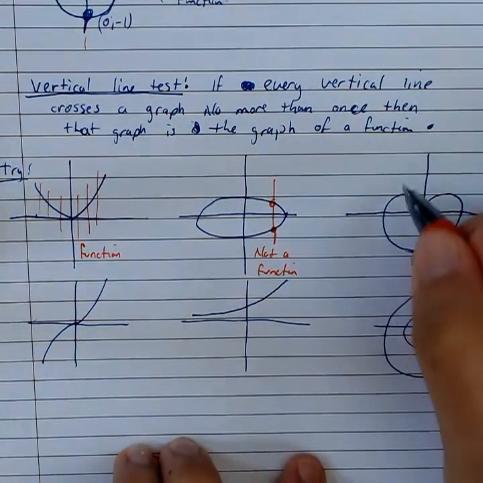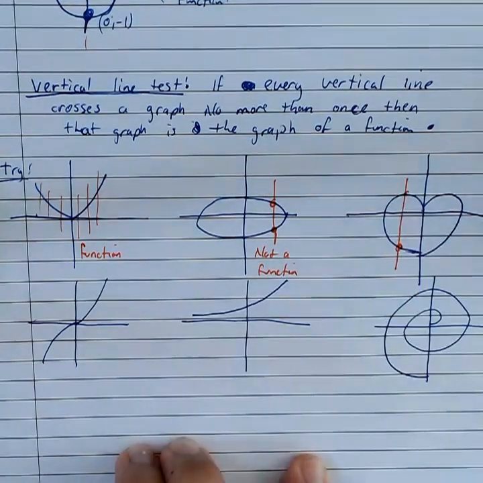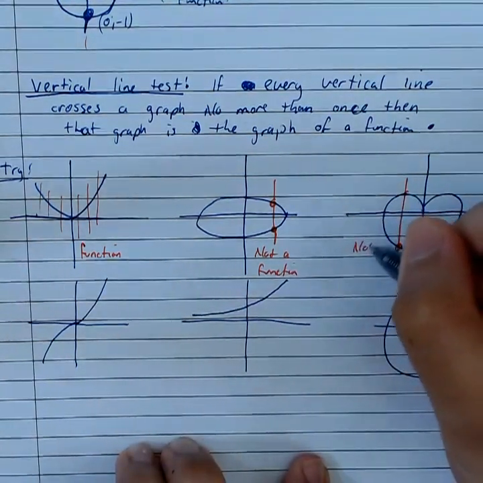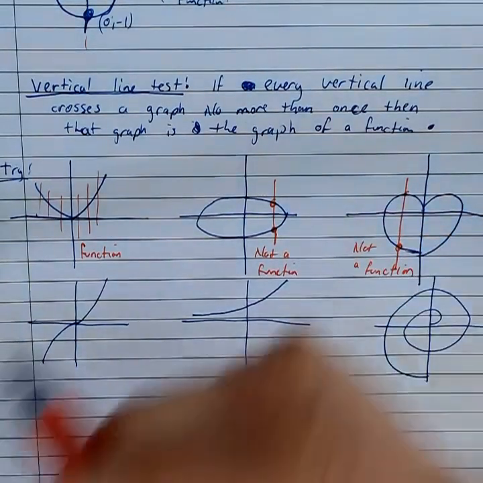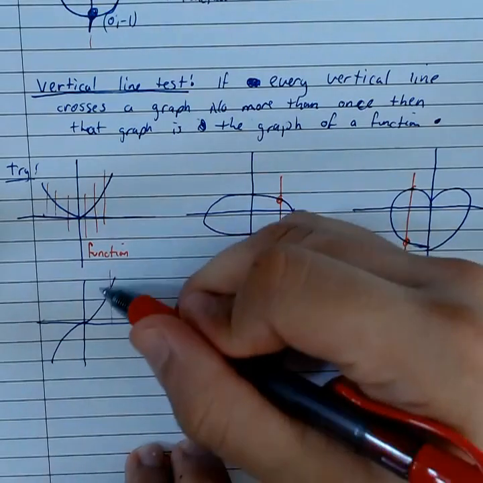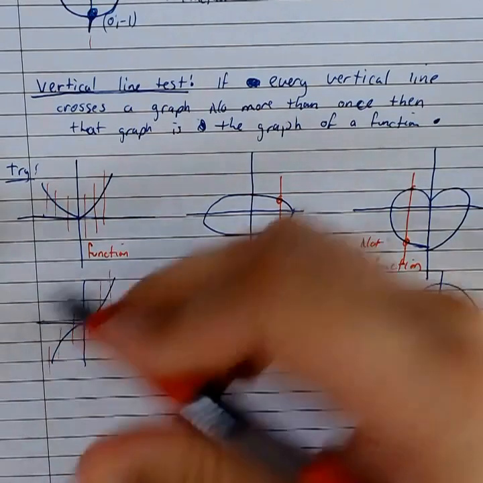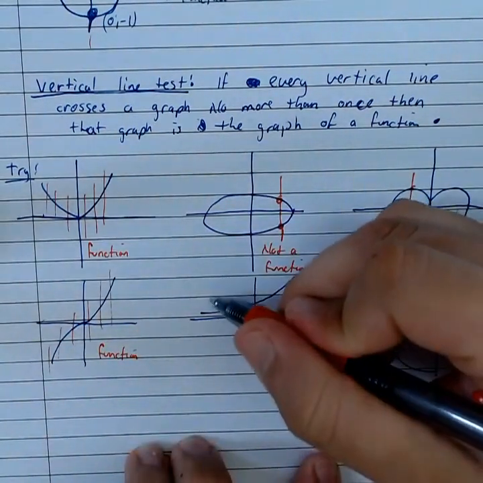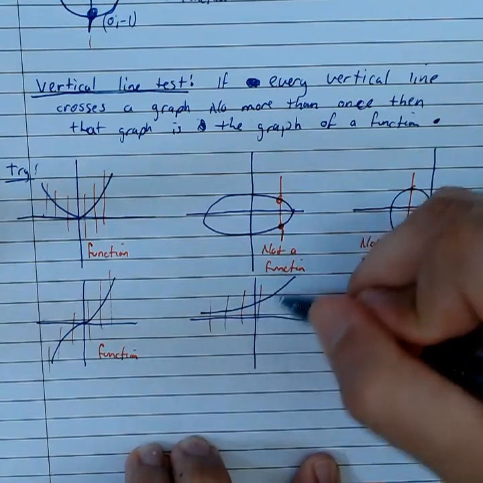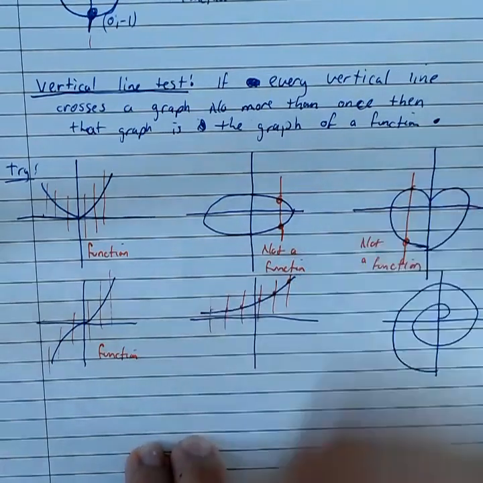Okay. Here, same thing. I can find this line, which crosses the graph more than once. So again, this is not a function. This one, any vertical line that I can think of is going to cross the graph exactly once. So this one is a function. This is the graph of a function. Same thing for this one. Every vertical line that I can think of crosses this exponential graph exactly once.